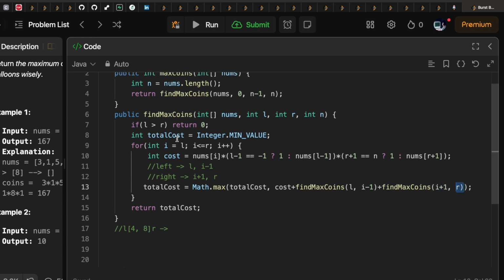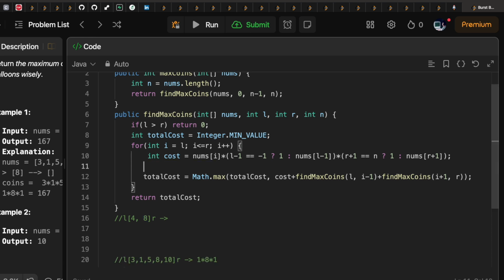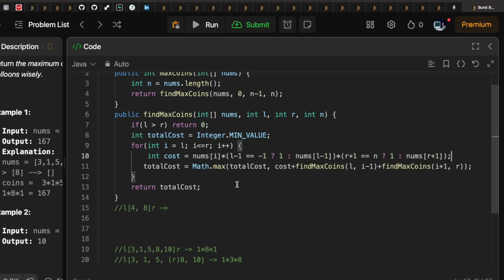Okay, so this will return 0, right cost will return 0, and what left cost will return, it is 0 and 0, so it will run for 0, nums of 0, and as the right we are passing I minus 1, so basically 0 0. So as the right value r plus 1, we will be taking 8 as the right value. Okay, so it will be giving correct cost.